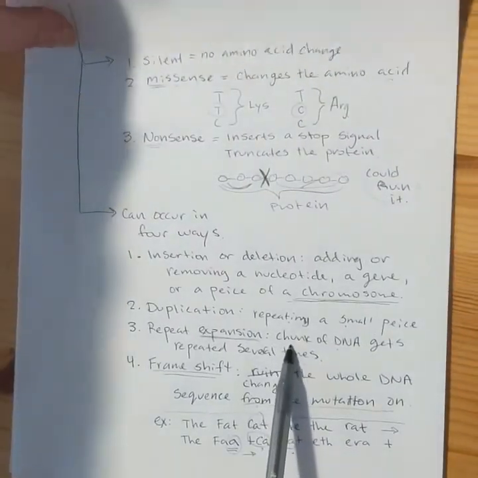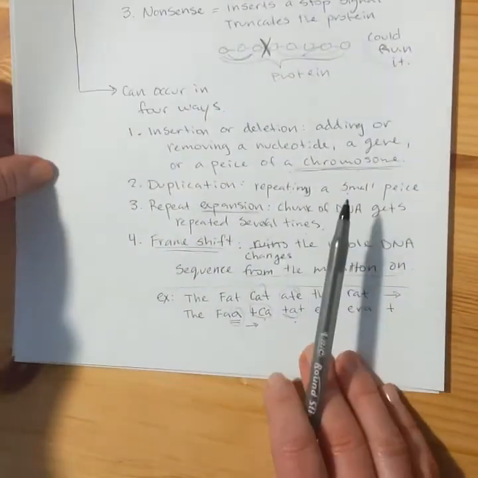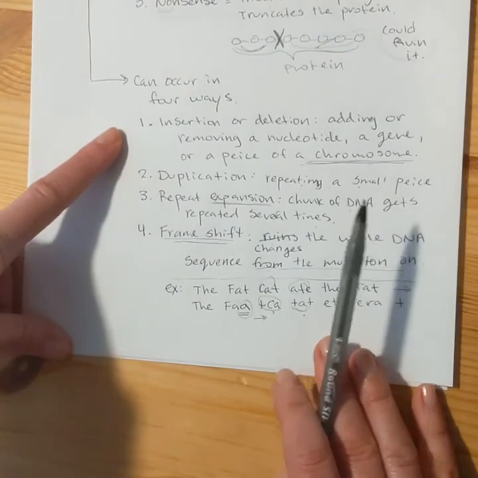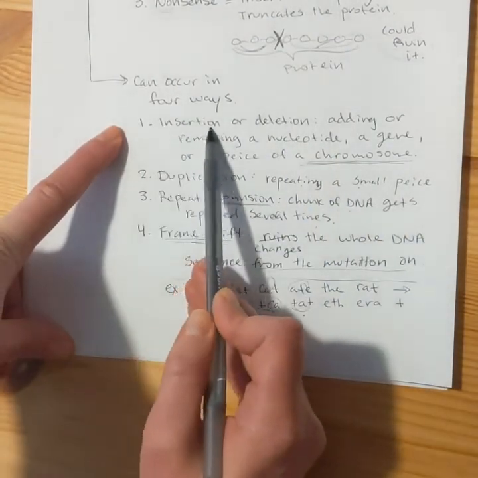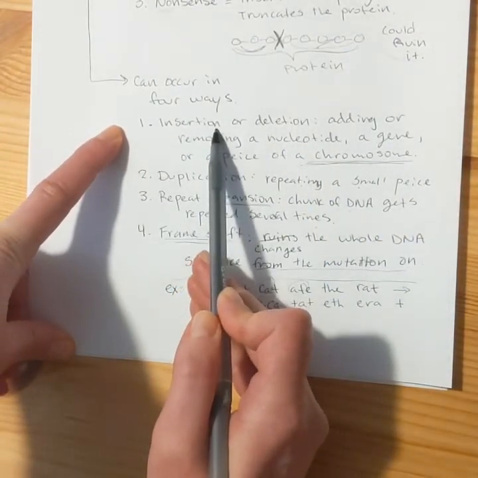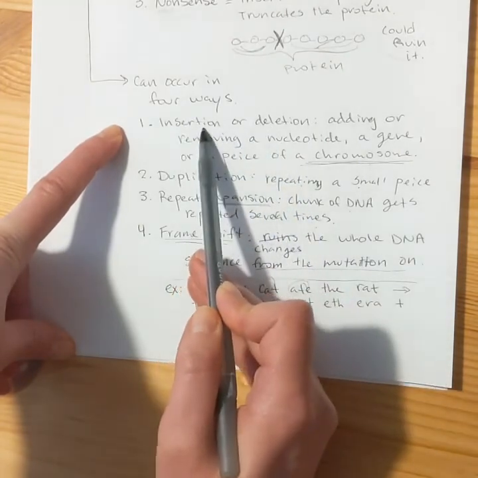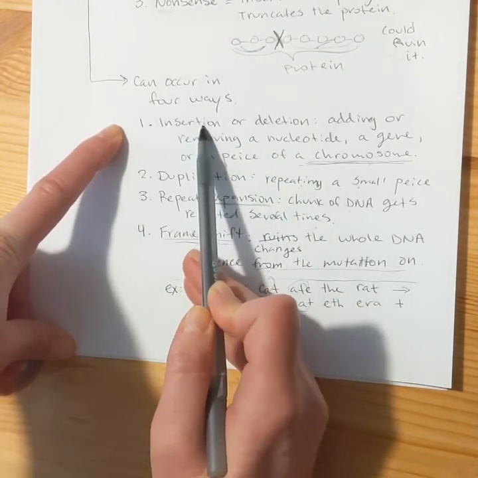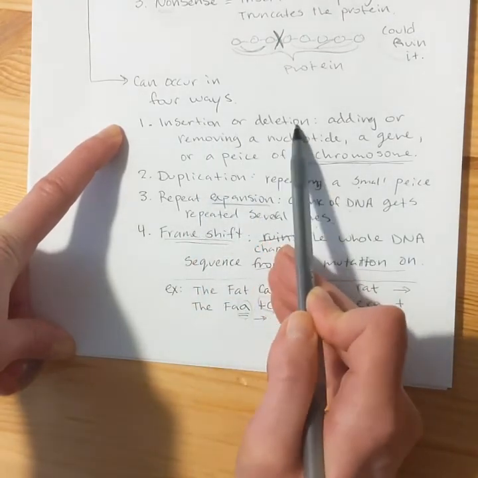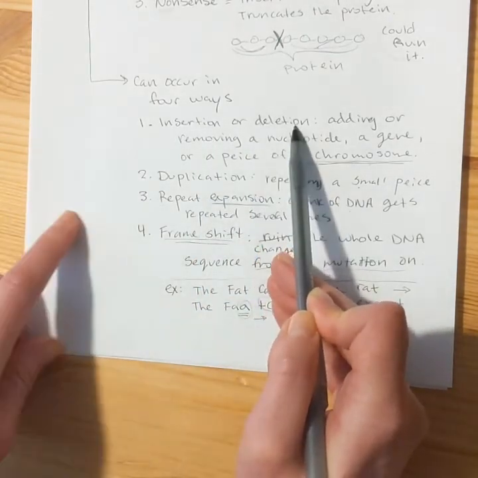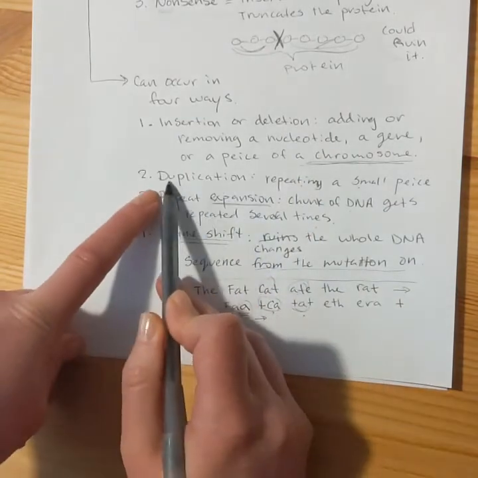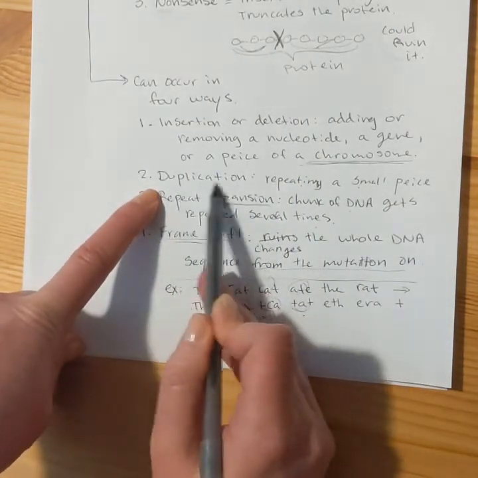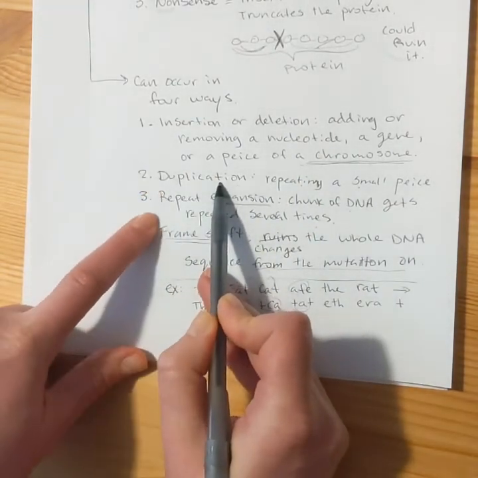Now, these permanent changes in our DNA, these mutations, can happen in 4 ways. It can either be an insertion of genetic information, so you're adding an extra nucleotide or you're adding an extra section of a gene or a chromosome. A deletion of genetic information, you're removing genetic information. A duplication, so you're repeating just a little bit of what's already there.